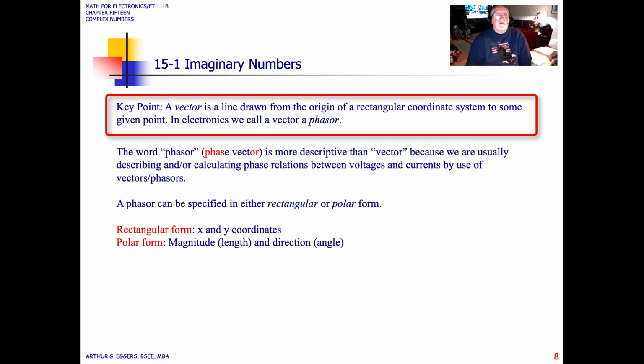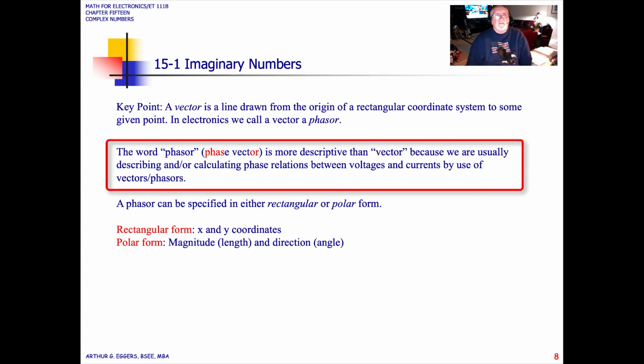So the phasor is really a contraction of phase vector that describes more than just the vector, because it's usually describing or calculating the phase relationships between voltages and currents by use of vectors and phasors. And using the vector representation gives us a better picture of what's going on than trying to pick off an instantaneous value off of a sinusoid.